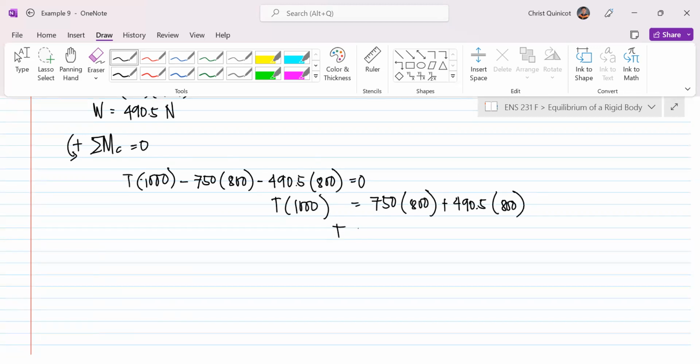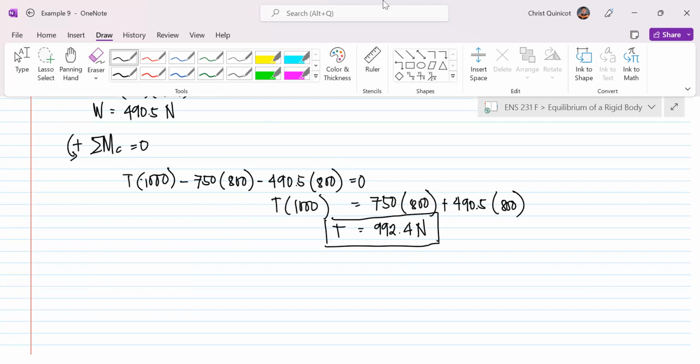So our T is equal to 750 times 800 plus 490.5 times 800, divided by 1,000, that is 992.4 Newton. So this is now our value for our tension.